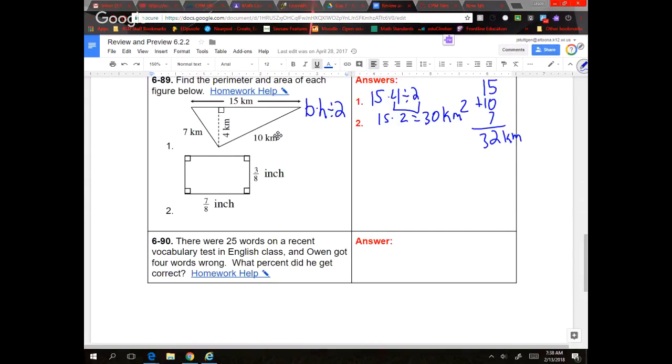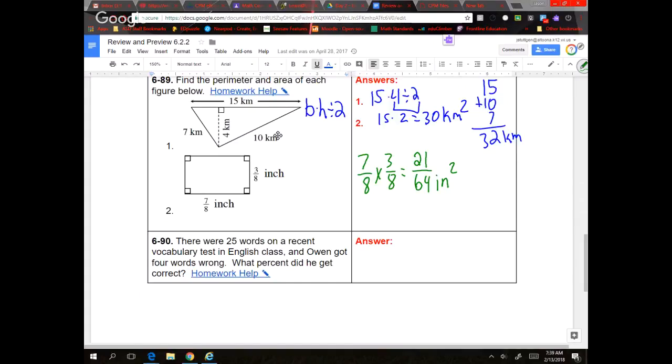Kilometers. Second one, area 7/8 times 3/8. You should get 21/64 for the area. So we got to put inches squared.